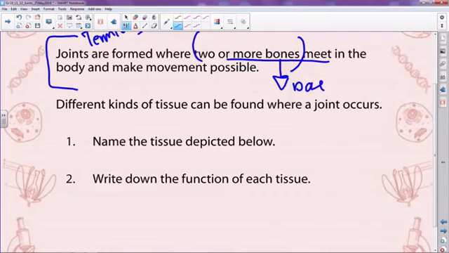So what I'm going to do now, I'm going to give you 2 minutes. I'm going to show you 4 types of tissue. All I want you to do now is to identify the types of tissues, and I want you to tell me, what do you think their function is? So let me show you here.